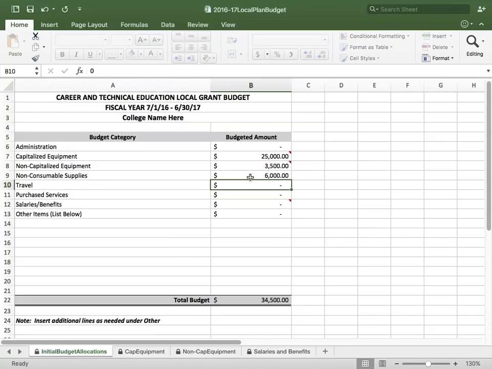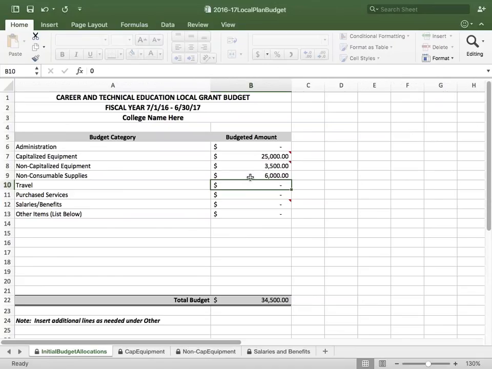Now, an area that comes up often is consumable supplies. Let's say that your college is just starting a cosmetology program. There are consumable supplies that are purchased that are needed for instruction. For the first 3 years of that program, you could use Perkins monies to purchase those consumable supplies.